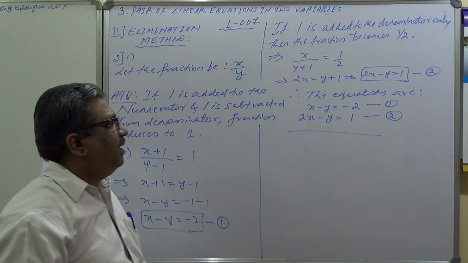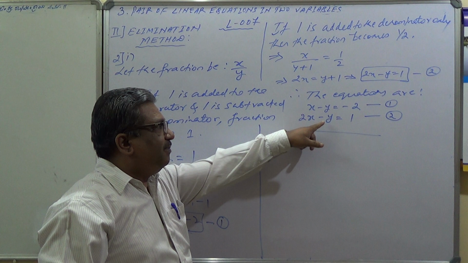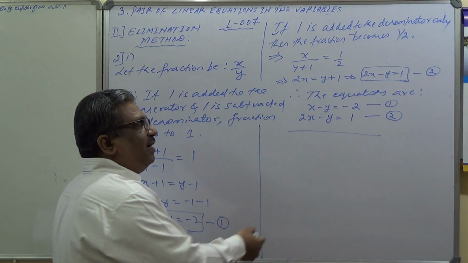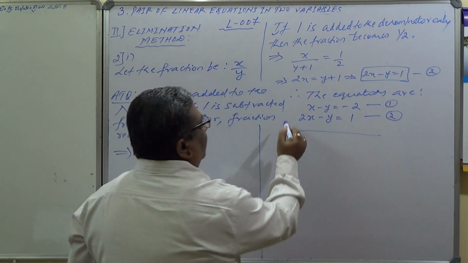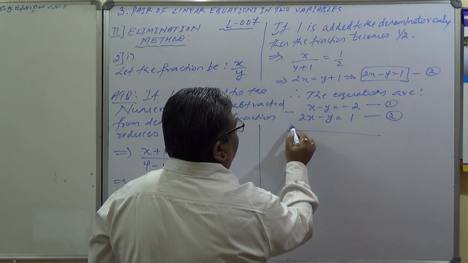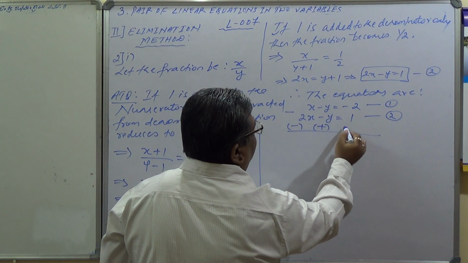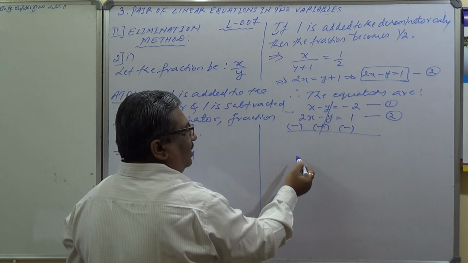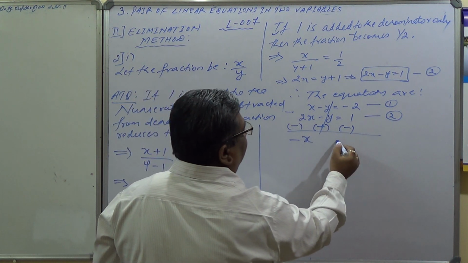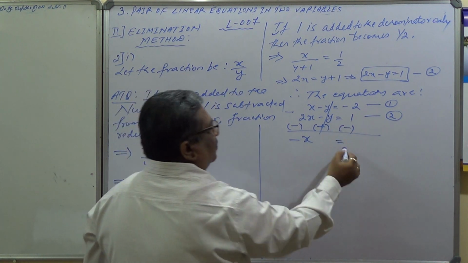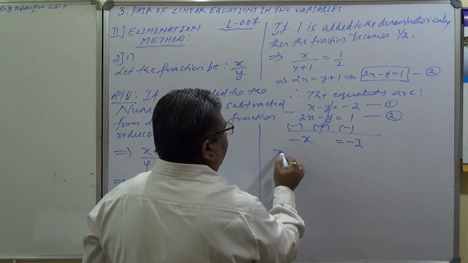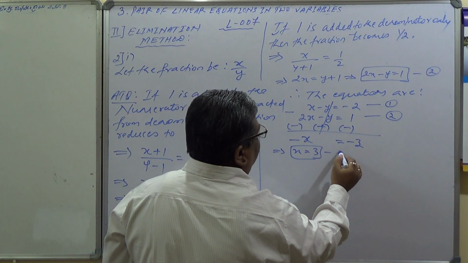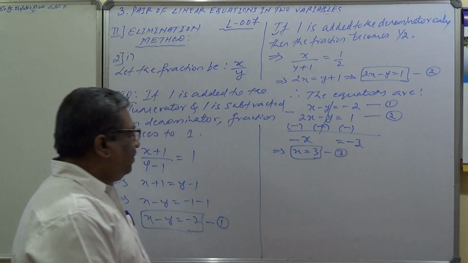Let me try to eliminate y over here so that we can get the equation in one variable. So by subtracting, change the signs, this will become minus, plus, minus, y will cancel. x minus 2x is minus x equals minus 2 minus 1, minus 3, implies x equals 3. Tag this as third equation.